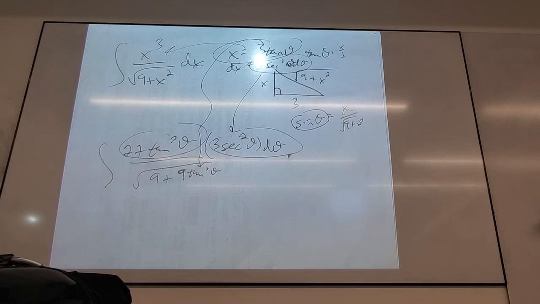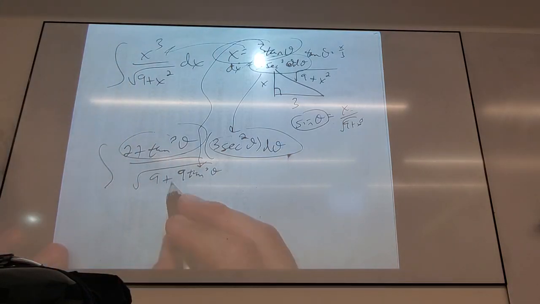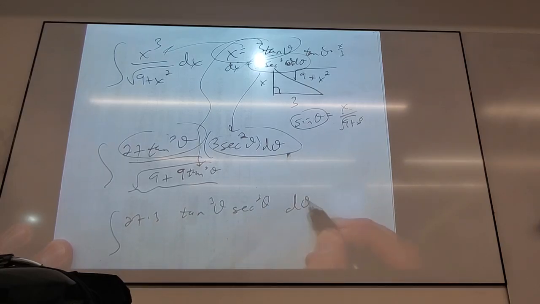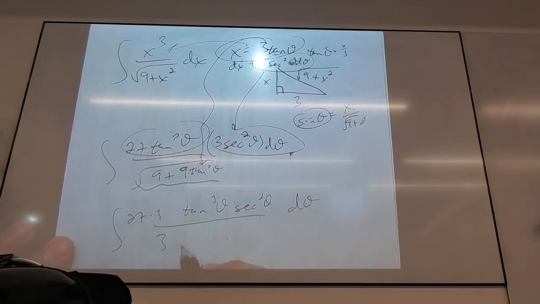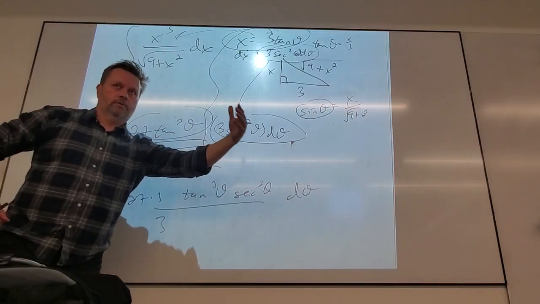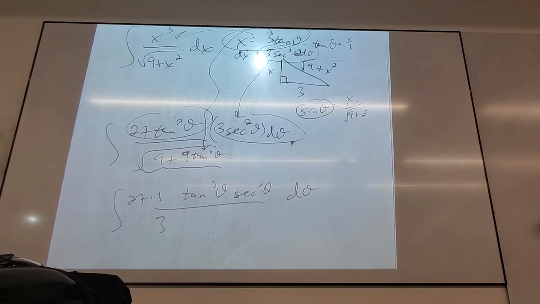How do you simplify this? Take out the constants. Let's see which constants stay alive. What comes out of here? 27 over 3, times 3. I'm just going to collect everything on the top. Taking the square root of 9 out, that's 3. Then I'm left with 1 plus tangent squared, which is secant squared. The square root of that is secant.